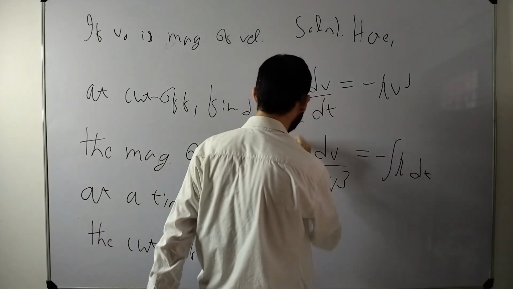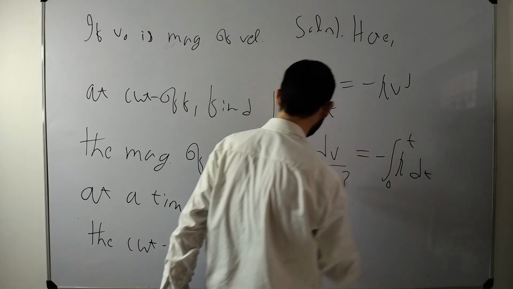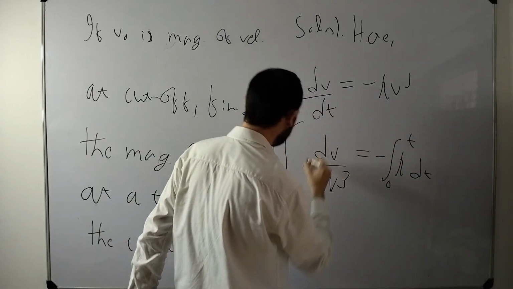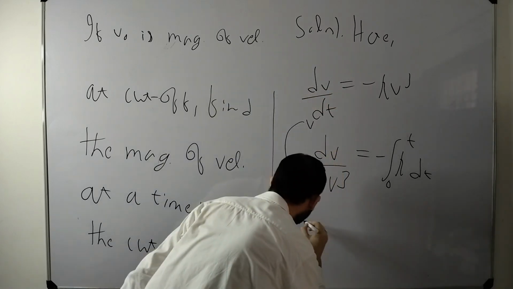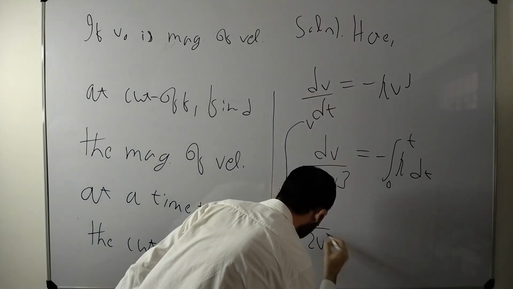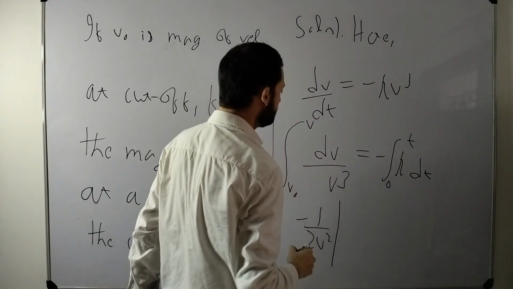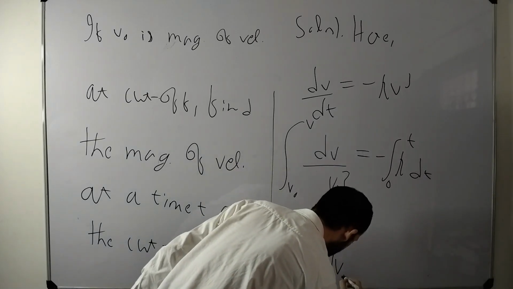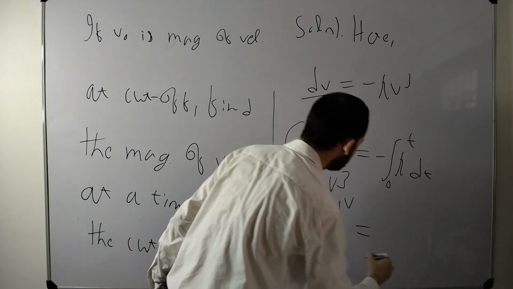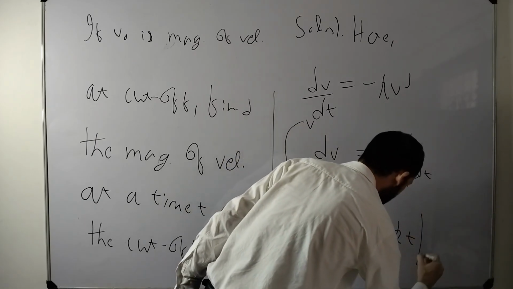And integrate from time 0 to t, and initial velocity V naught to V. Now integrate this. We get minus 1 by 2V square, from V to V naught, and this is minus kt.